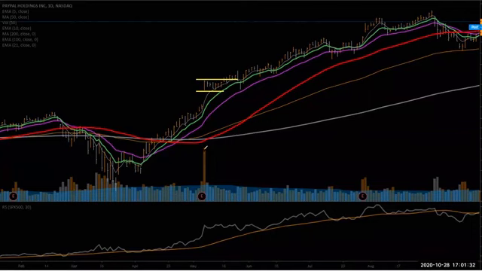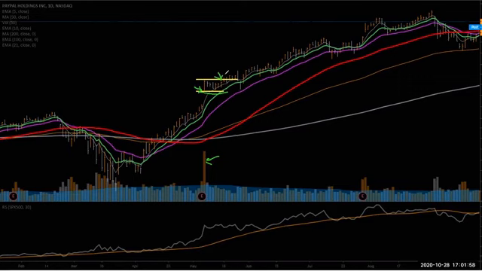So gap up again, huge volume, and it never undercut the low of that bar. So when I see that, I'll set my stop loss below the low, and I will look to enter on a break above the high.